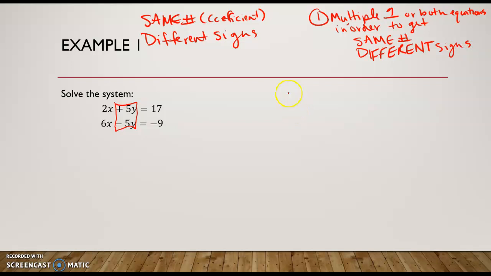All right, once we have that same number, different signs, then our second step is to add our equations together.